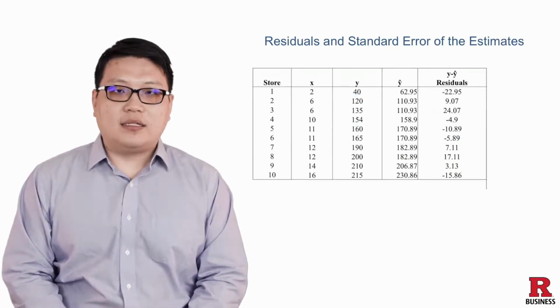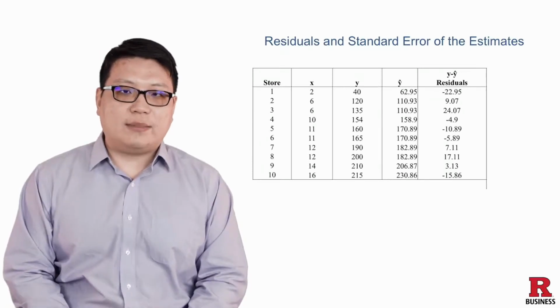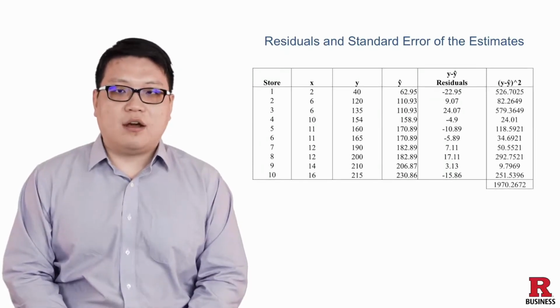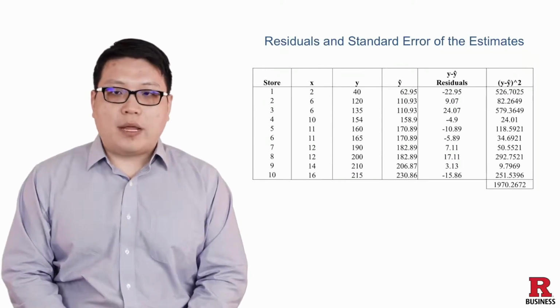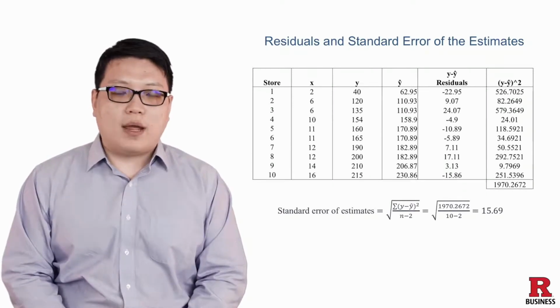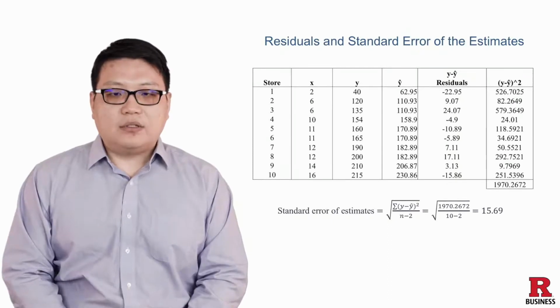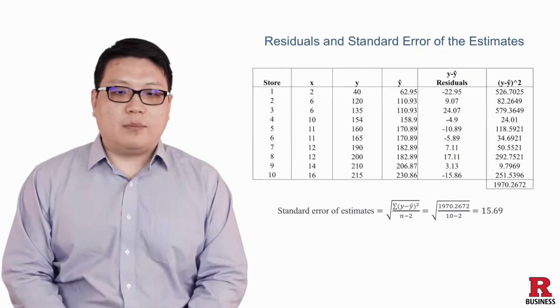Another way to calculate how much error we are making every time we make an estimation is called the standard error of the estimate. The way we calculate that is to take the square root of the sum of (y minus y hat) squared, divided by n minus 2. Here n minus 2 refers to the degrees of freedom.